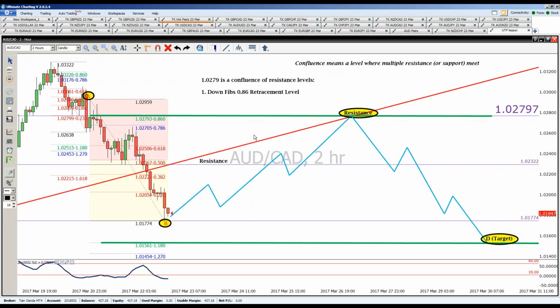Okay. So with regards to the first resistance, I regard that one as more significant due to the fact that it's forming a confluence with that 86 retracement level. You see, they all meet at the same spot.